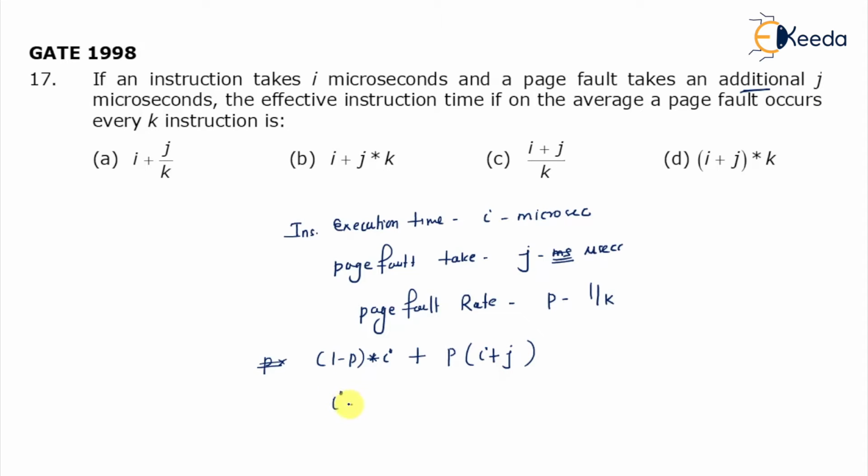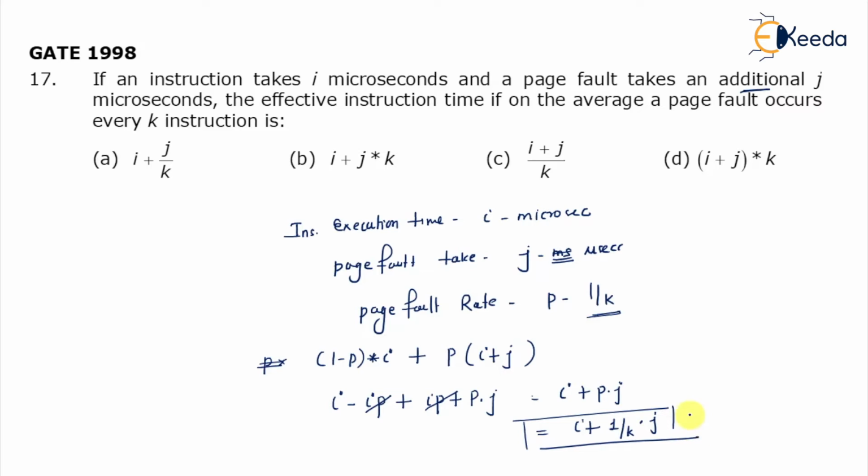This gives i minus ip plus ip plus p times j. These two terms are gone and we are left with i plus p into j. And p here is 1 over k, which makes it i plus 1 over k times j. So the answer for this question is A.